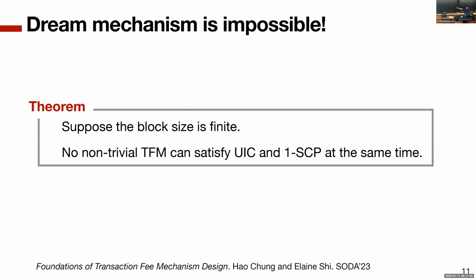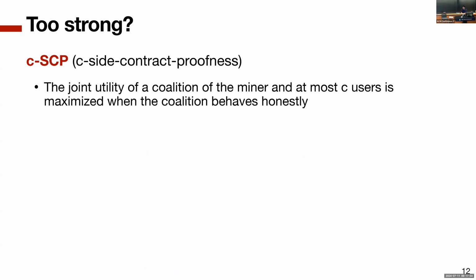You may also notice that we don't need MIC for this impossibility, so it actually holds in a really strong sense. We only need two properties to rule it out, and 1-SCP means you just want to defend against the weakest coalition. So maybe it suggests that this side-contract-proofness notion is too strong.